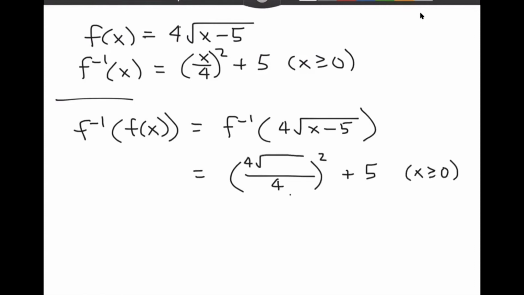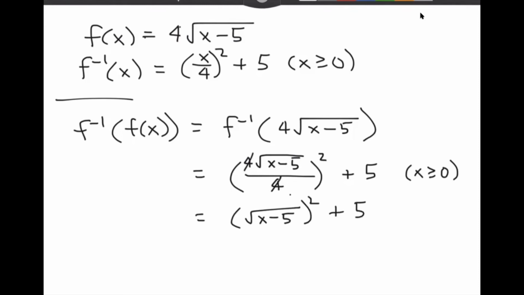It's going to be important in one or the other of these. Okay. So when you replace that x with 4 times the square root of x minus 5, this is what you get. And we're going to cancel the 4s. And that's going to leave me with the square root of x minus 5 squared plus 5. And guess what?